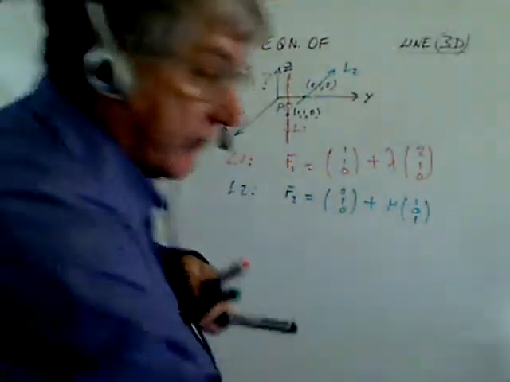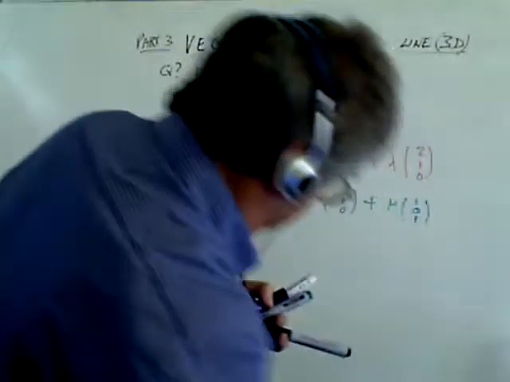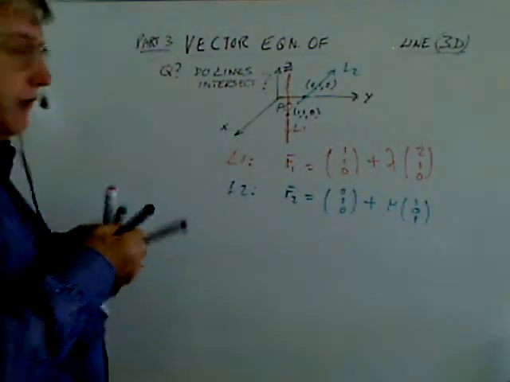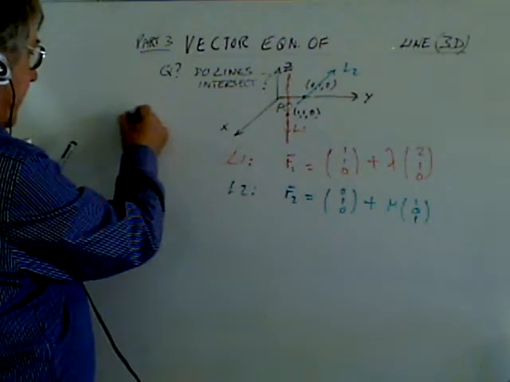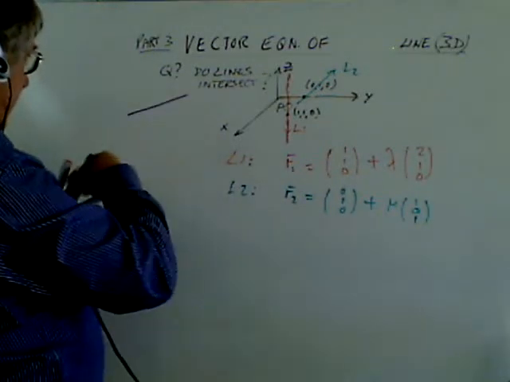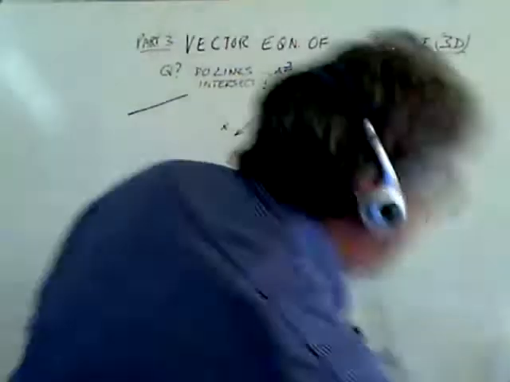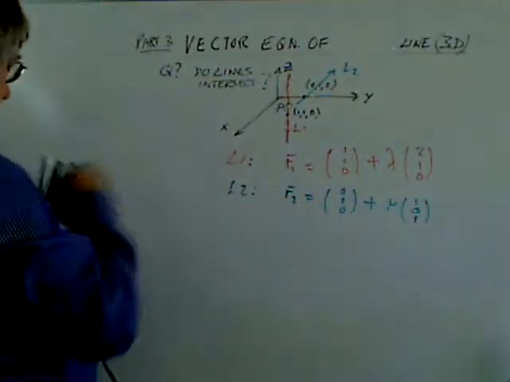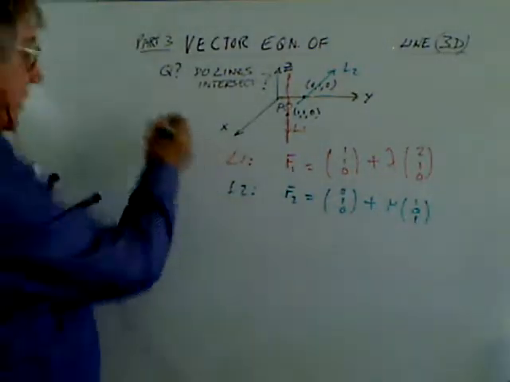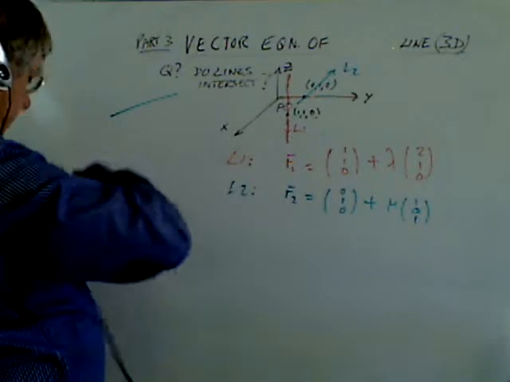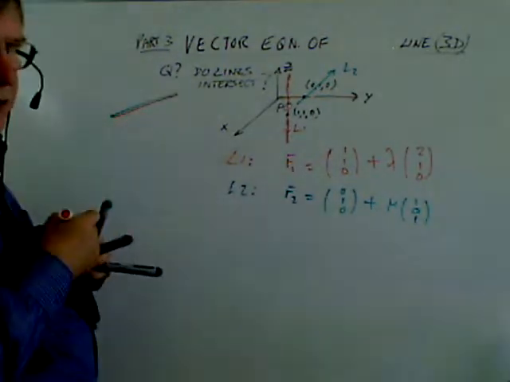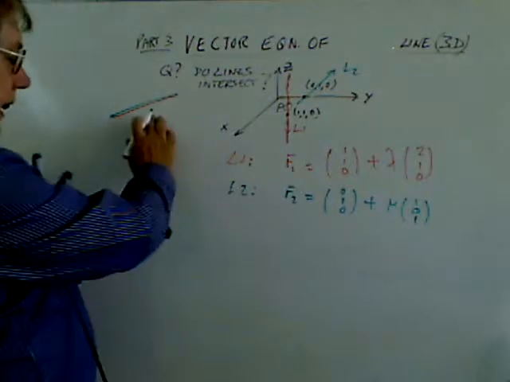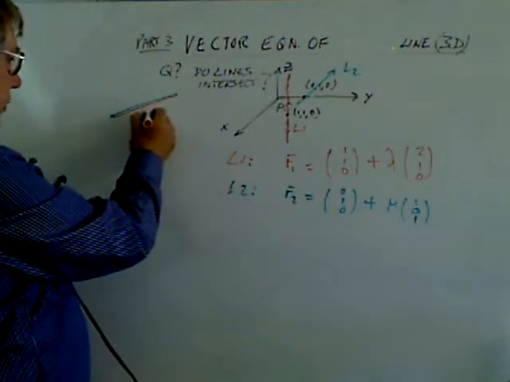I should emphasize, to clarify this, lines can be the same straight line. Lines can be coincident, okay? That is, they are the same straight line. We say that they're coincident. So these two lines essentially are the same straight line.